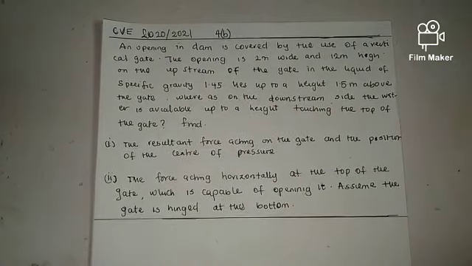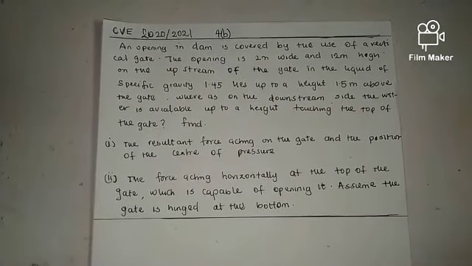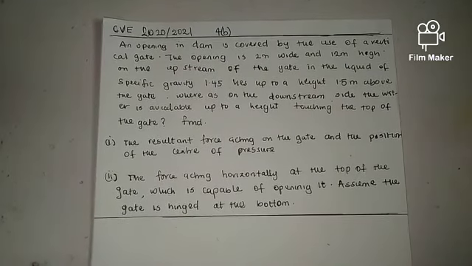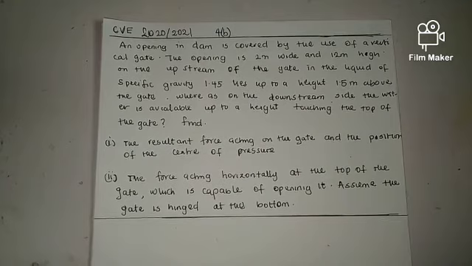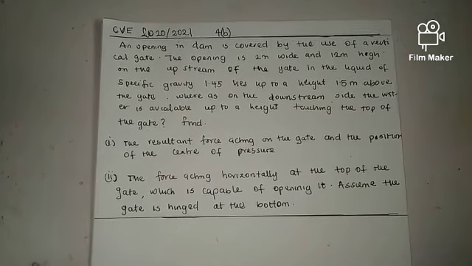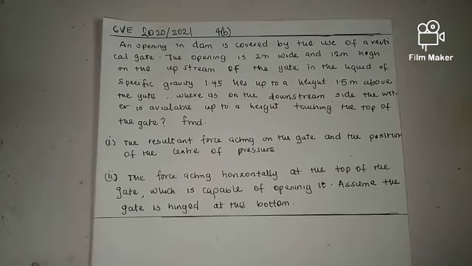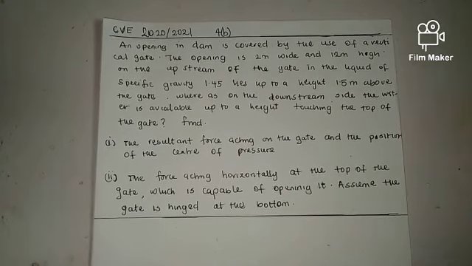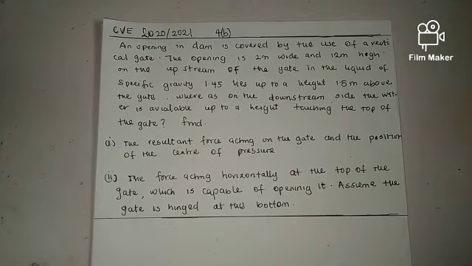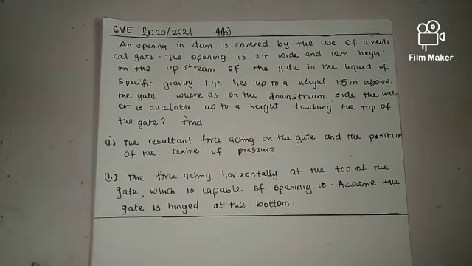On the upstream of the gate, a liquid of specific gravity 1.45 lies up to a height of 1.5 meters above the gate, whereas on the downstream side the water is available up to a height touching the top of the gate. Find 1. the resultant pressure acting on the gate and the position of the center of pressure. 2. The force acting horizontally at the top of the gate, which is capable of opening it, assuming the gate is hinged at the bottom.